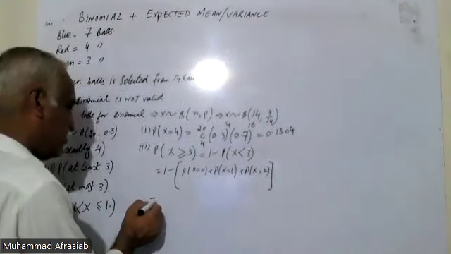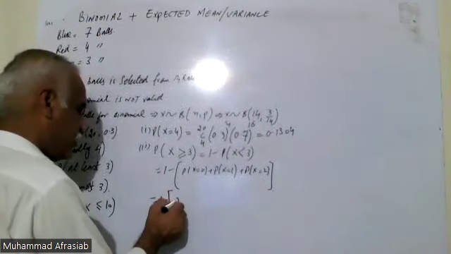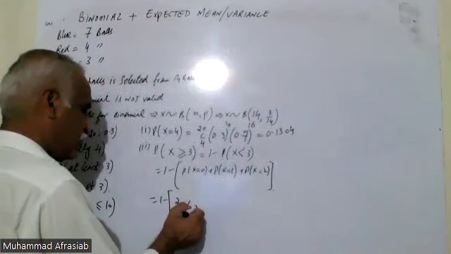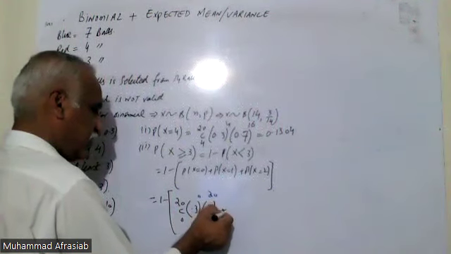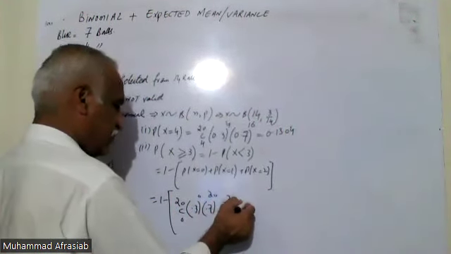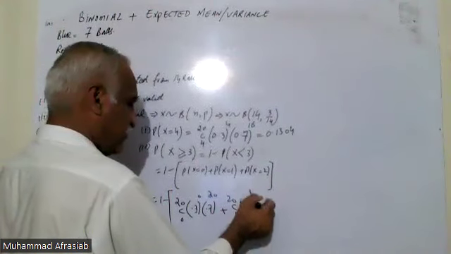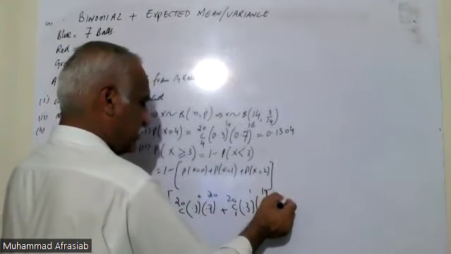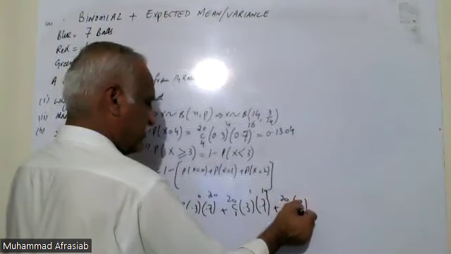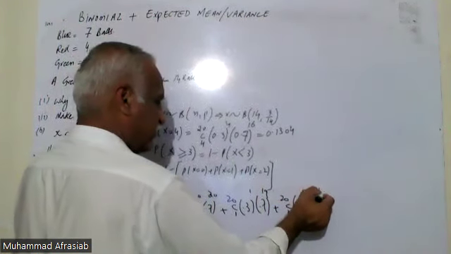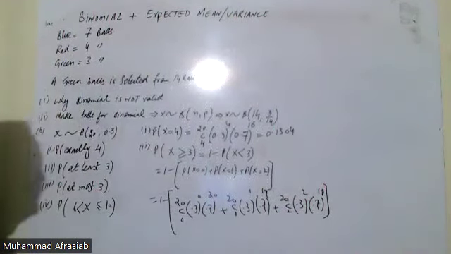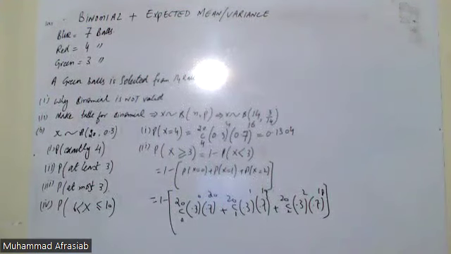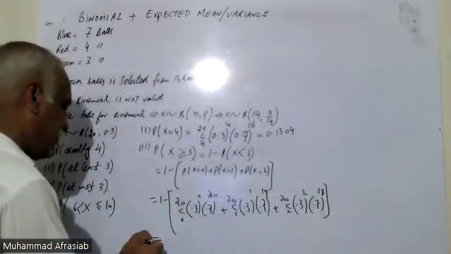So it is 1 minus 20C0 into 0.3 power 0, 0.7 power 20, plus 20C1, 0.3 power 1, 0.7 power 19, plus 20C2, 0.3 power 2 into 0.7 power 18, all subtracted from 1. That is the total probability when at least 3 is required. We can calculate it with the help of the calculator.